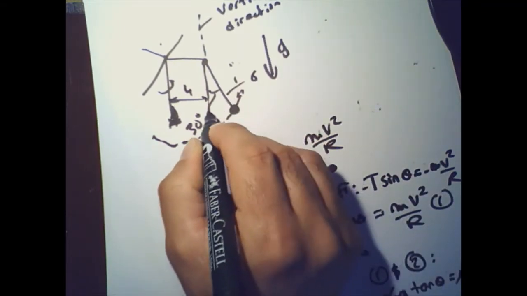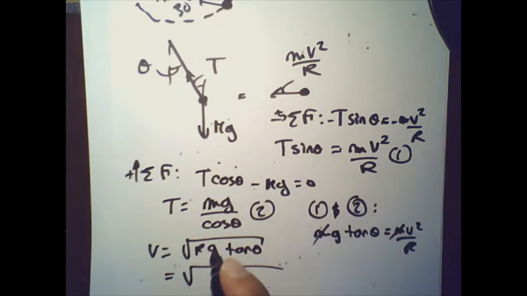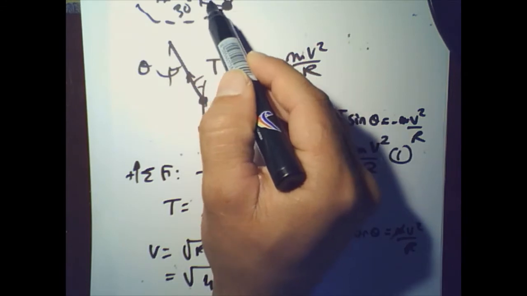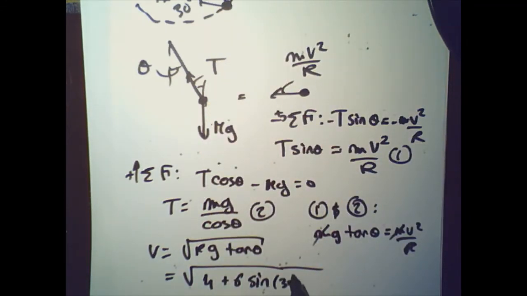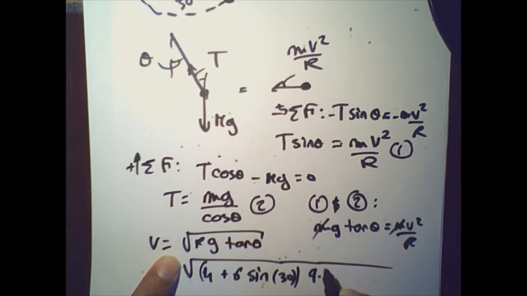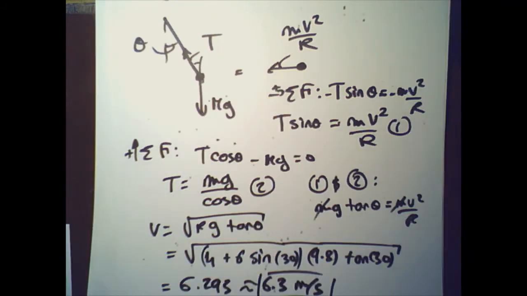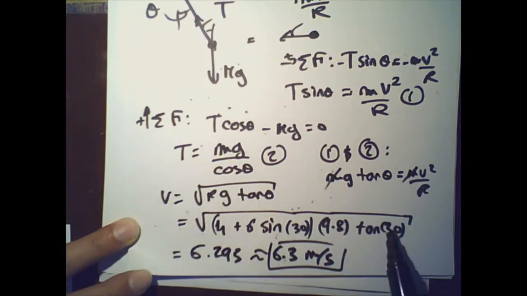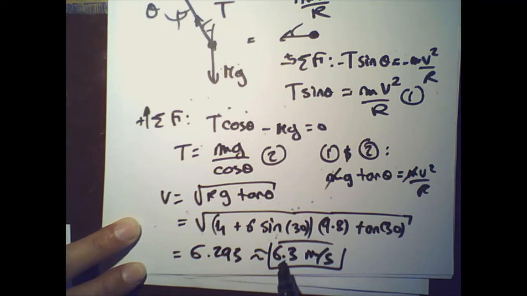Remember, this is the whole radius, so it will be equal to 4 plus 6 sine of 30, multiplied by 9.8, multiplied by tangent 30. If you do this computation, you're going to end up with 6.293, which is equivalent to 6.3 meters per second, which was available in the answers.